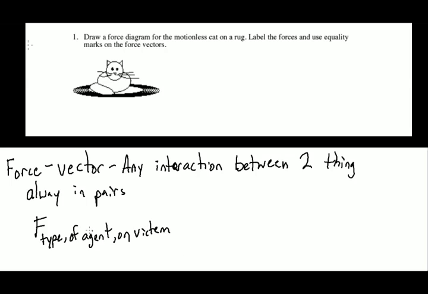So something causes the force, something receives the force. Forces always occur in pairs, so this agent-victim idea flips back and forth depending on the situation.